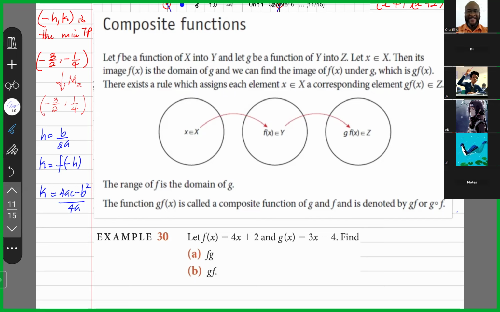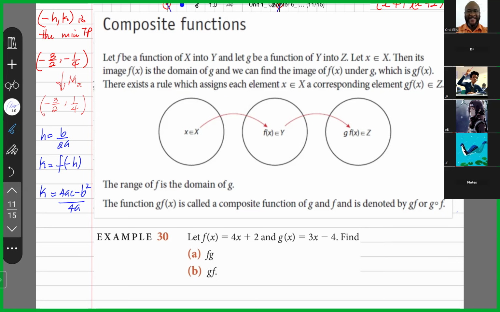Now, the range of f is the domain of g. So someone could say that the composite function g of f of x is a function in which the range of f is the domain of g.